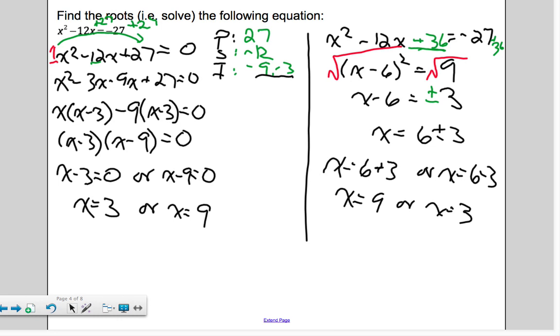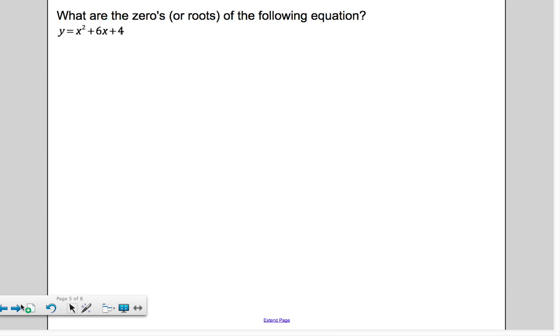Okay? So let's say I was a factoring fan. One of the things I'm going to do is try to calculate the zeros of this equation by factoring.